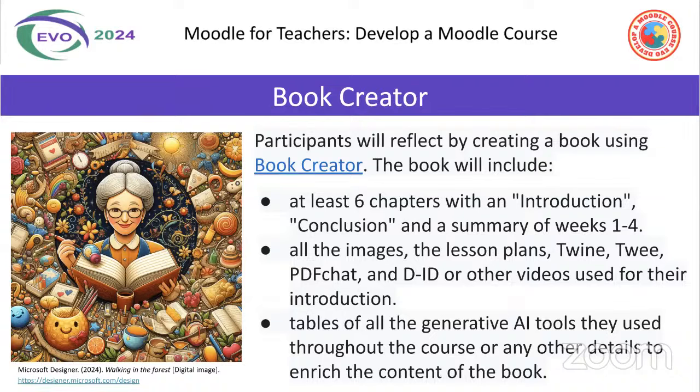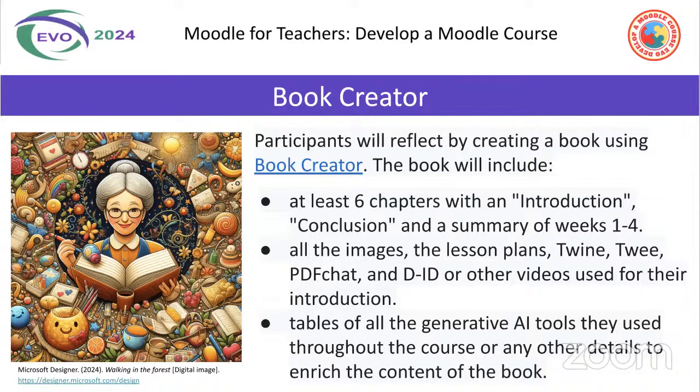You will have at least 6 chapters. One chapter where you introduce what you did in the course, an introduction to the course. Remember not to include the pre-session, only weeks 1, 2, 3, and 4. And then a conclusion. That's 2 chapters, and then 1 chapter for each week.